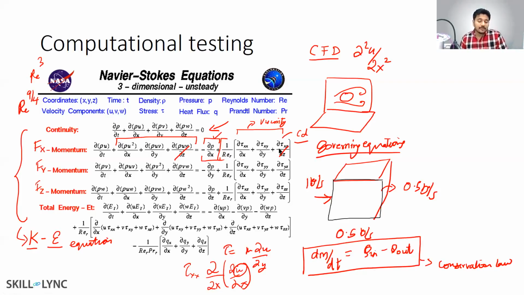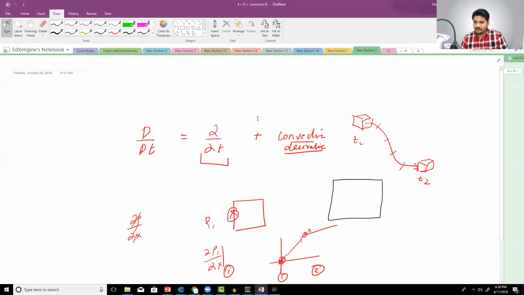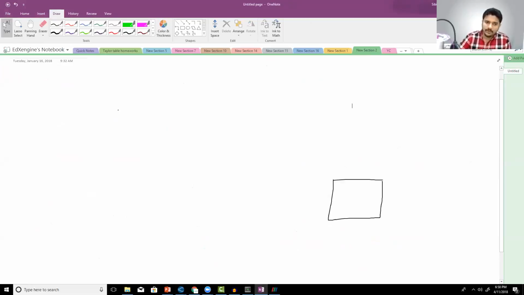So we still haven't explained one thing. How do we take these partial differential equations and solve them using a computer? Well, that is where the concept of numerical discretization comes into play. Let us say we take our x momentum equation.